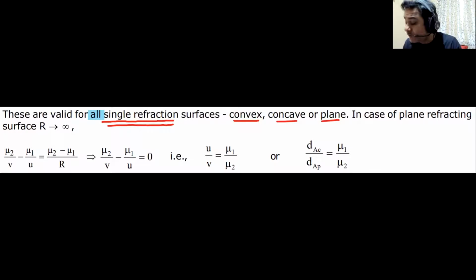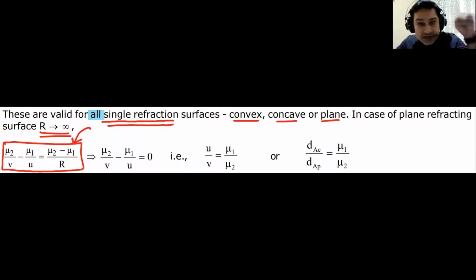Now, if I apply this formula, this is the original formula. For a plane surface, the radius of curvature is infinite. If the radius of curvature is infinite, whatever we have on the right hand side, mu2 minus mu1 divided by R, R is very big, it is infinite, so this thing becomes 0.